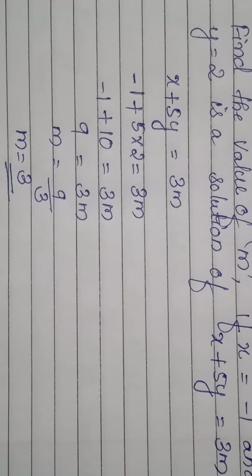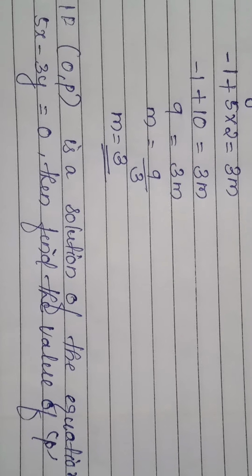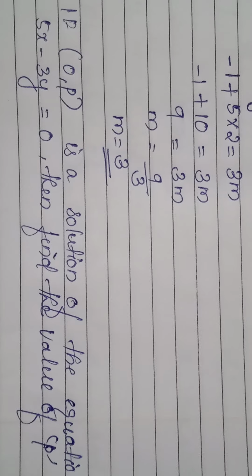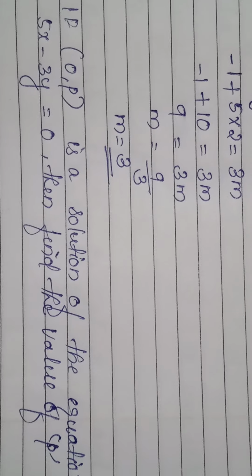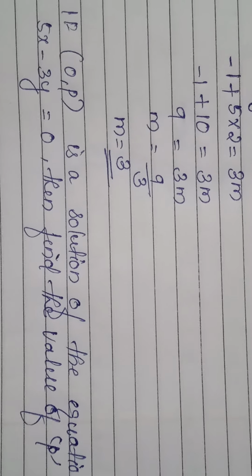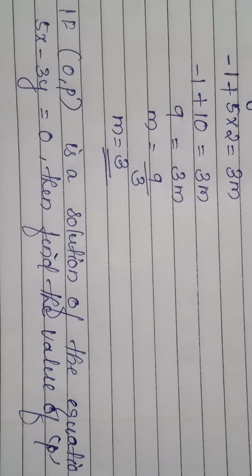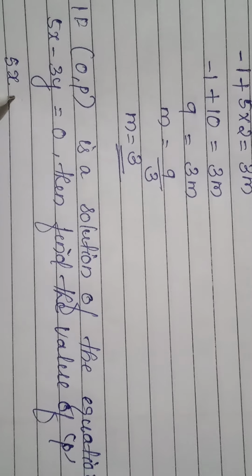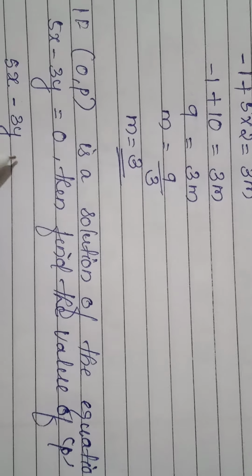Understood? The second question is, if 0 comma P is a solution of the equation 5x minus 3y equals 0, then find the value of P. Here the equation is 5x minus 3y equals 0.